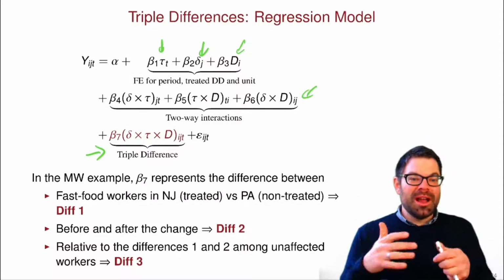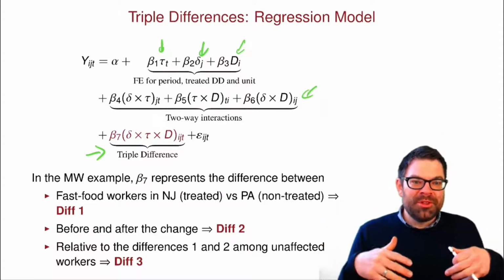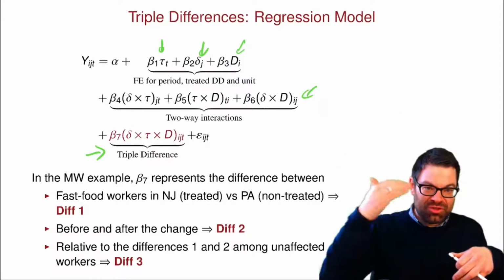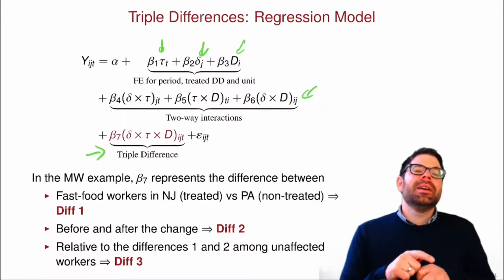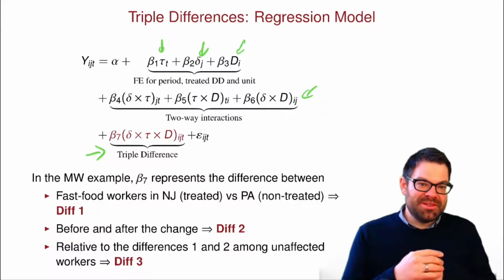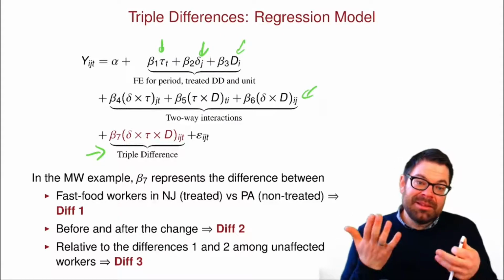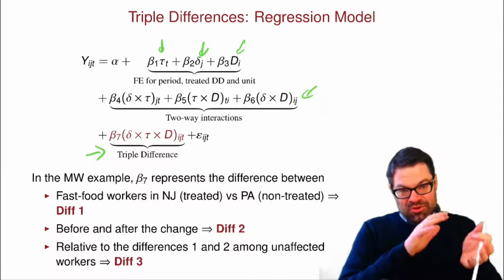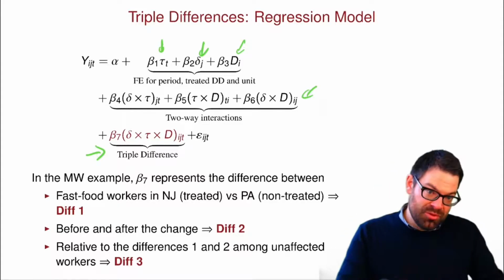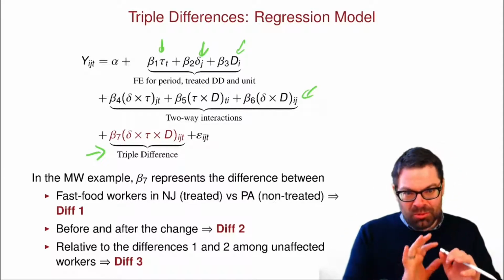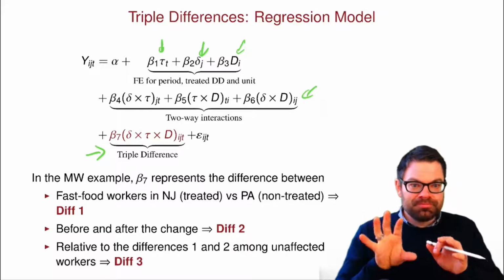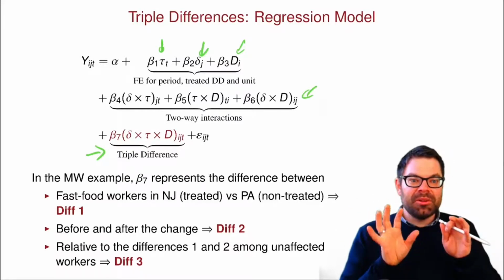And so therefore I use another control group that basically captures that additional drop in New Jersey relative to Pennsylvania. And then if you do it like that, you first show your 2x2 model and then you show your triple difference. That usually works.